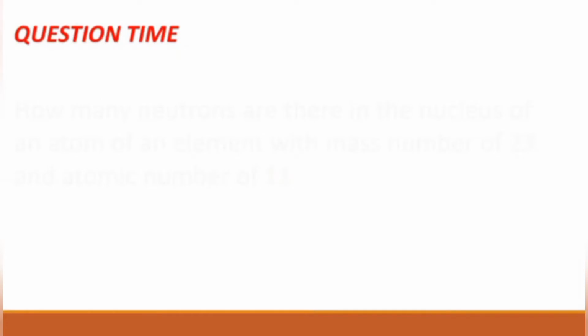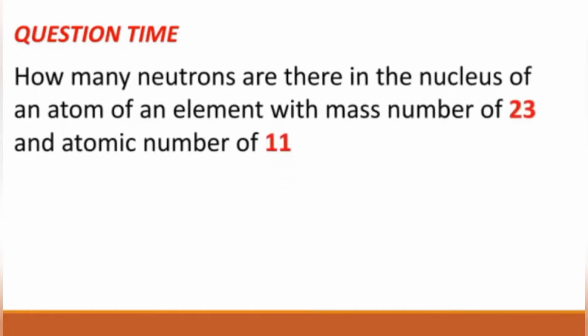Welcome back from that video. It is question time. How many neutrons are there in the nucleus of an atom of an element with mass number of 23 and atomic number of 11? You recall that the mass number of an element is the sum of the numbers of protons and that of what?